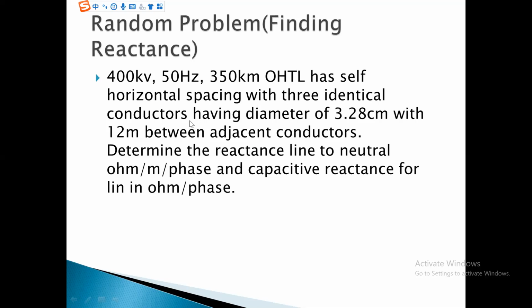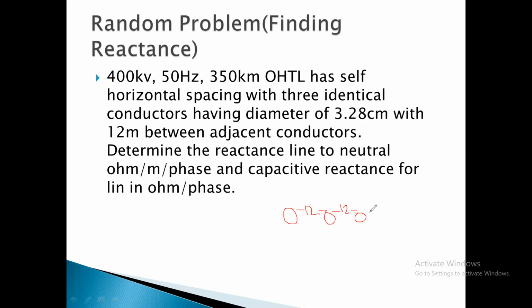So what is meant by horizontal spacing? This is horizontal spacing, of 12 meter, not 15. It means they have a distance of 12 meter here and 12 meter here.